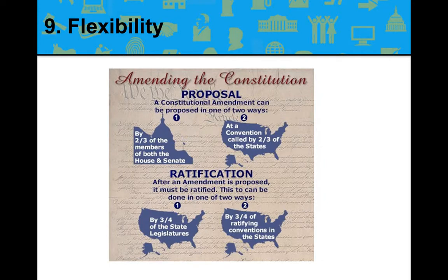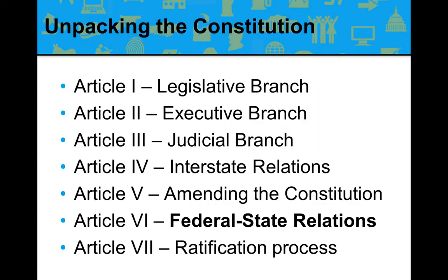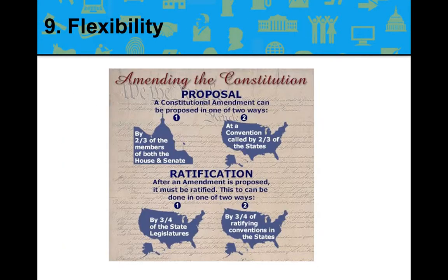And so changes can be made in the Constitution by the amendment process, and there's 4 different ways really to ratify the Constitution. Okay, so the proposal, a Constitution can be proposed in one of two ways, and it can be ratified in one of 2 ways. And so the next slide, well, momentarily I'll have a lot more to say about the amending process.